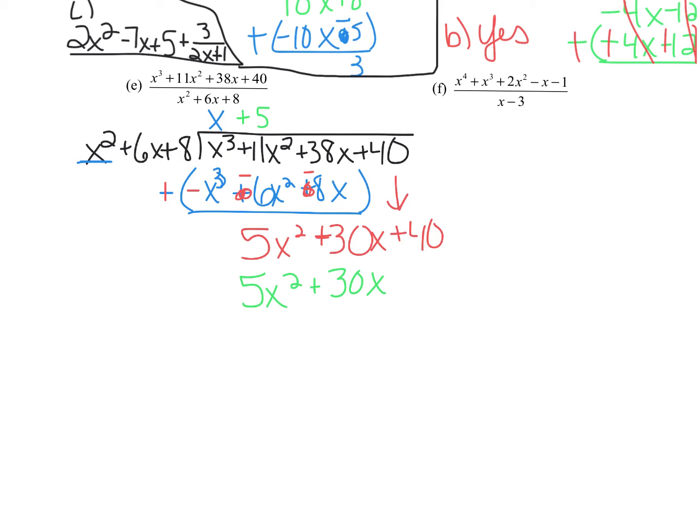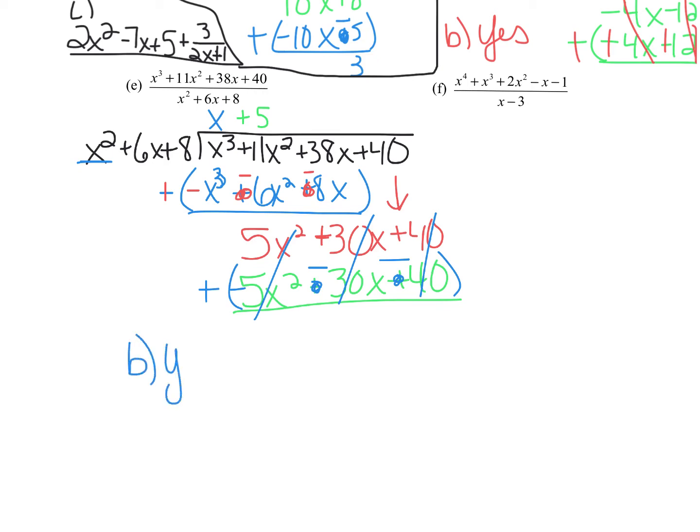It didn't necessarily have to match up, but I noticed that as we were going through. So 8 times 5, my last part, is 40. And I subtract and change my signs. And everything cancels, so there is no remainder. So part B would be yes, it is a factor. And then part C would just be what we got, which is x plus 5.